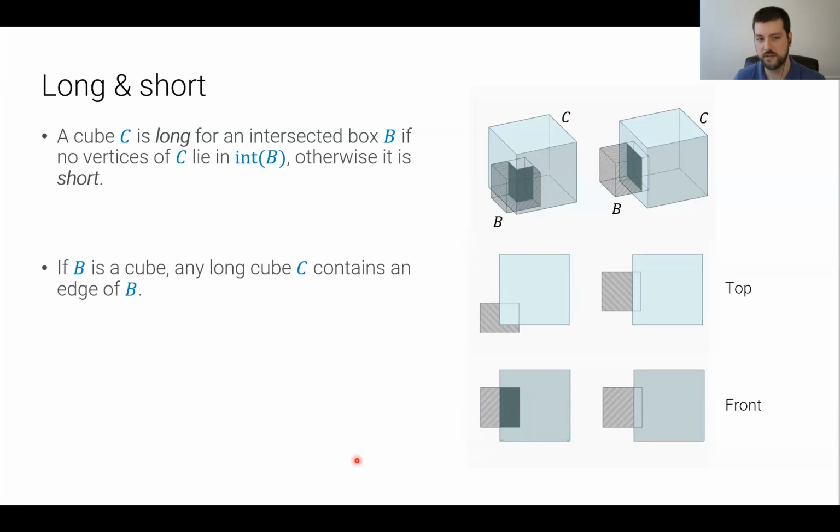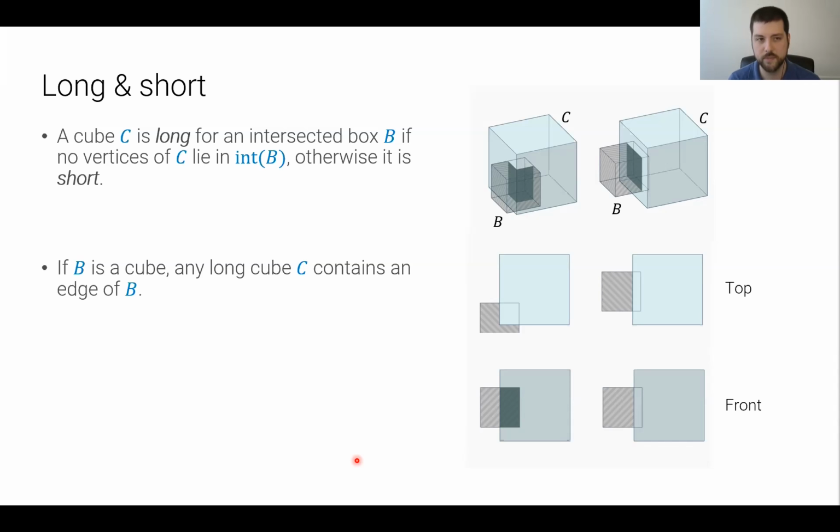And so we can see an example of this on the right, where we have this blue cube C intersecting a box B, and none of its vertices lie in the interior of B. And the key property we'll need is that when B is a cube, as shown in this figure, C contains some edge of B. So in particular, if B is an octree cell and C is one of our input cubes, that input cube C will contain an edge of B. And we'll flesh this idea out, just foreshadowing for our algorithm in a moment.